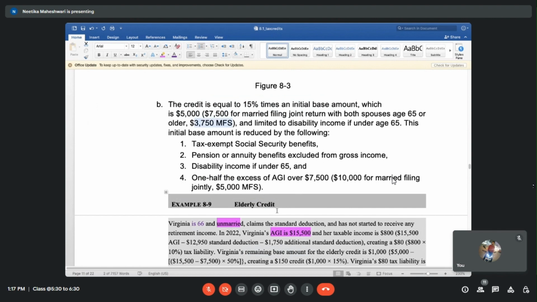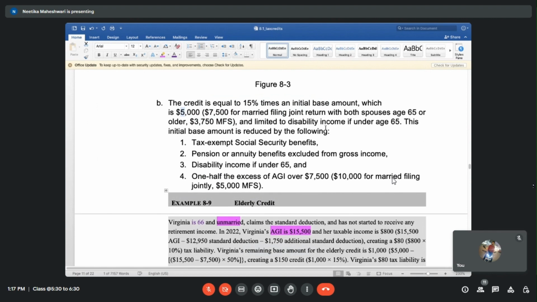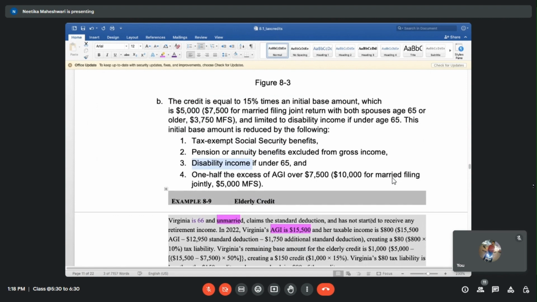So we'll take 5,000, and this initial base amount is reduced by the following. So this is the base amount for her, because she is single. And now we need to reduce it by what? By any social security benefits, any annuity benefits she got, any disability income. Did she get anything? Are they saying no?